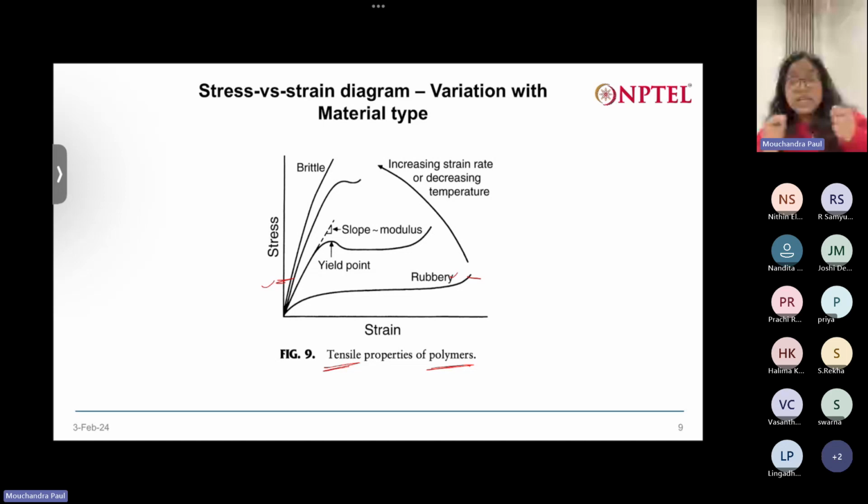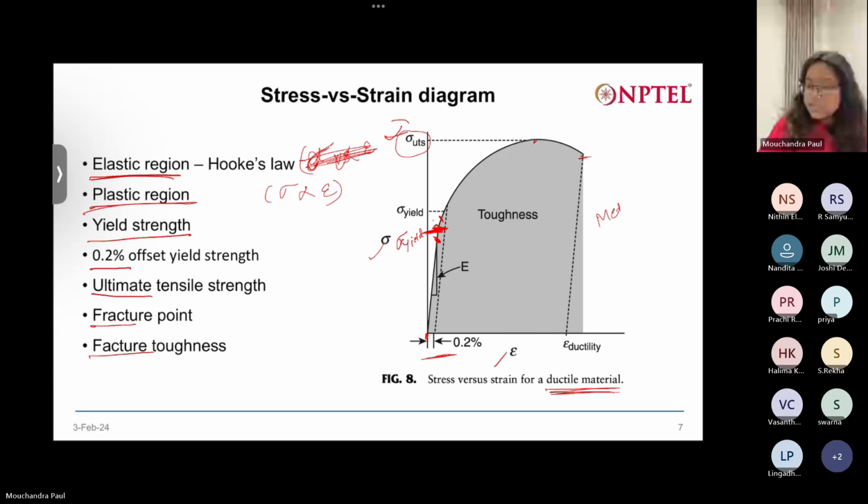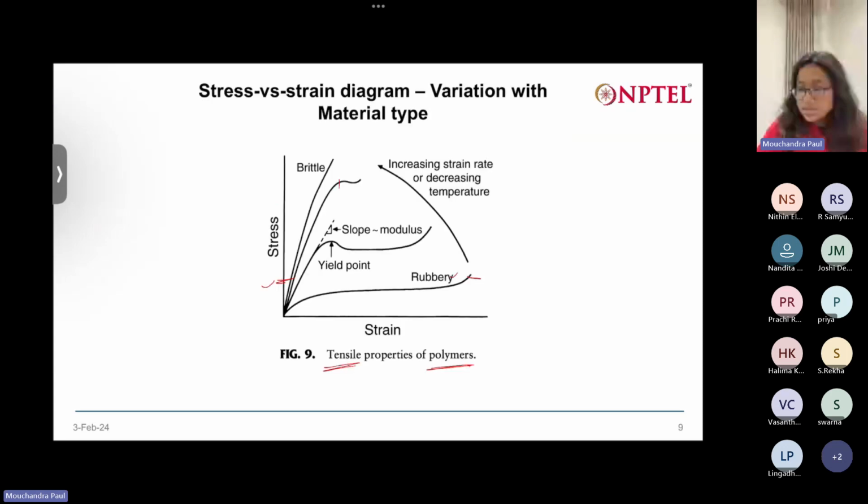So the previous curve, I think, should have been a much more correct representation. This curve is a much more correct representation of how the metal will behave in the presence of tension. And this type of material, maybe, is for polymers, for different kinds of polymers.